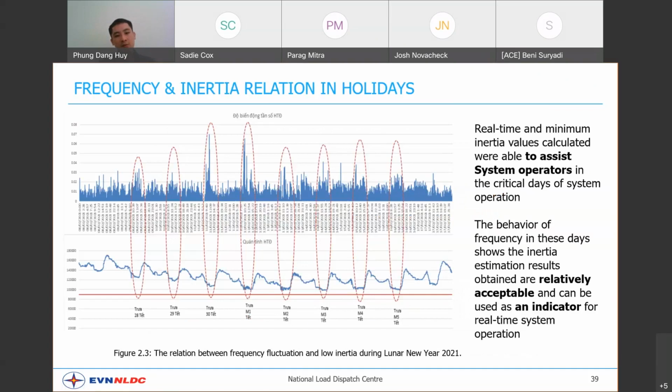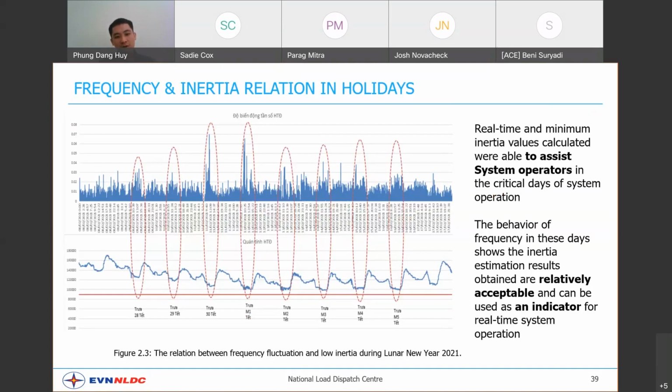So after that event, we have some post-analysis on the time of holidays. You can see that in the above is the fluctuation of frequency that we calculated by the function in Microsoft Excel, and the lower part is the inertia.